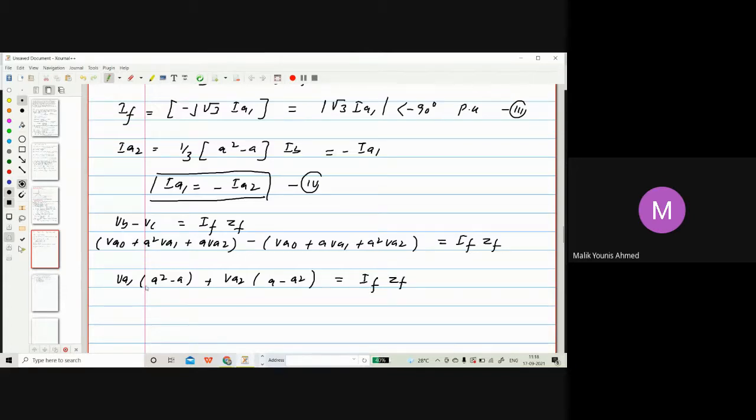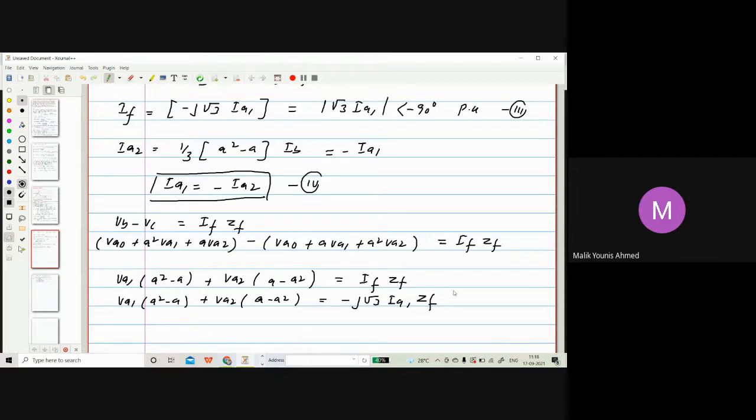So here what we can do, we can keep it like this. For this IF ZF, we have got the value of the IF earlier, that is equal to under root 3 minus J under root 3, we earlier got it, IA1. I'm substituting the same values that I have got for the IF, IA1 ZF.